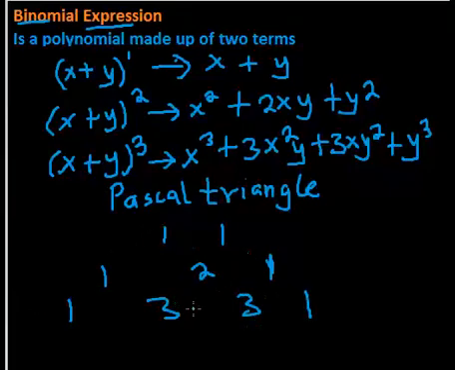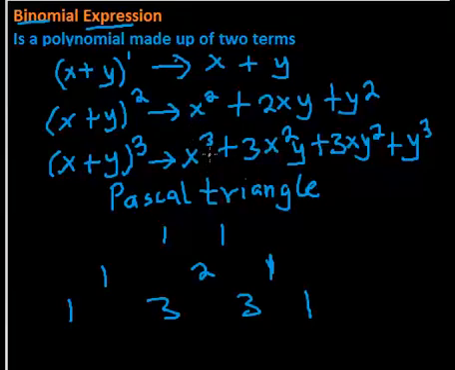That's how it's increasing. While this is the coefficient, the powers of the variables are as follows: x is reducing and y is increasing, because x started with the highest power, which is 3 in this case, while y here is 0.